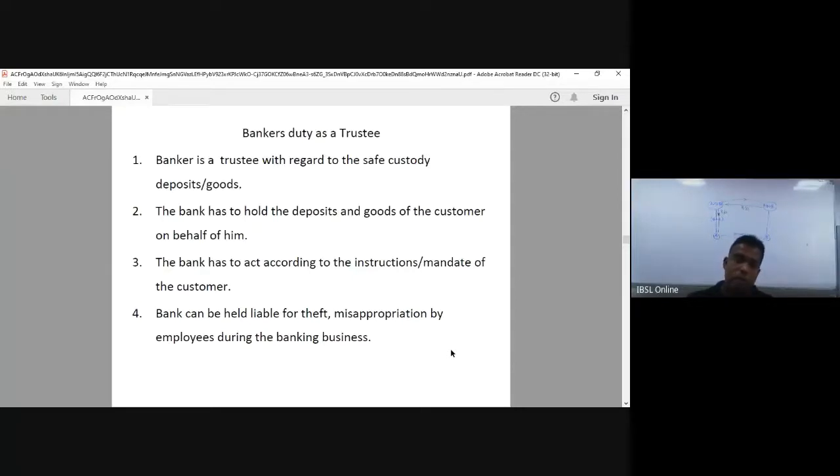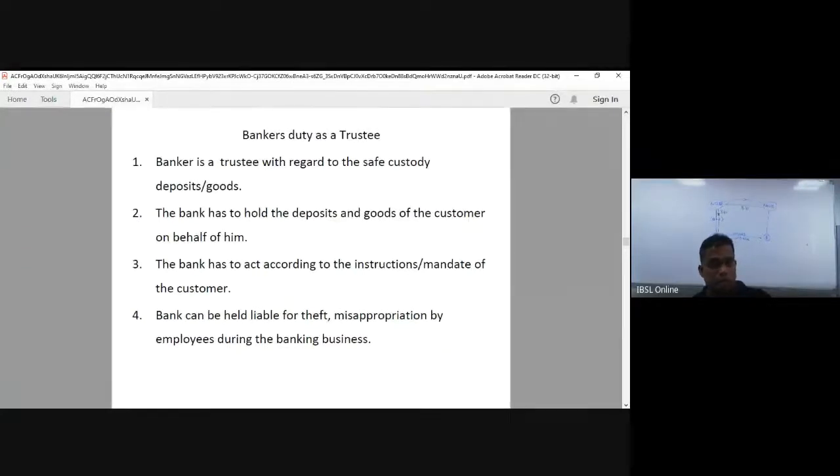So what is the position of the bank? The bank is holding this property of the customer, valuables of the customer, as a trustee. Therefore, if you are entrusted as a trustee, you have a great obligation to protect the goods of the customer, valuables of the customer, for him.